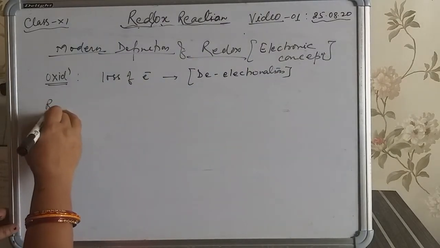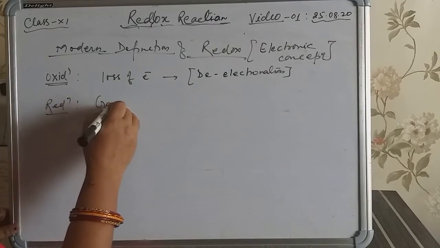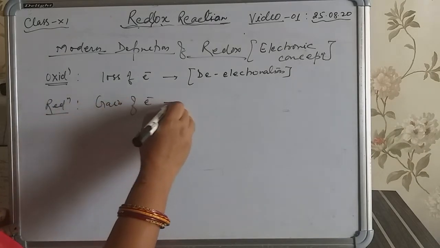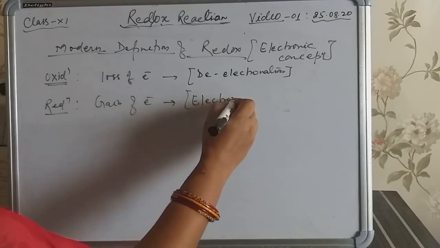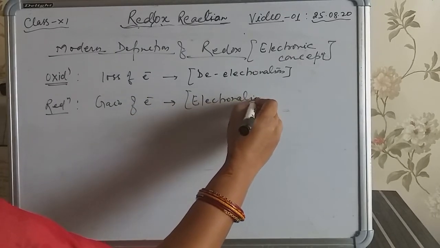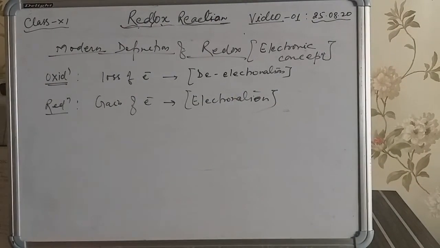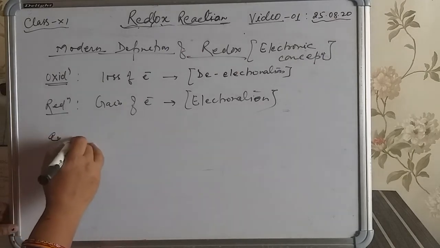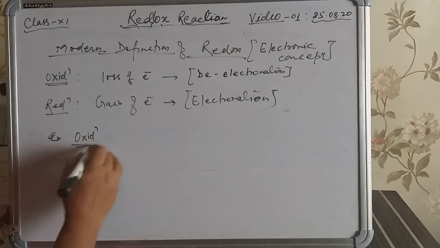And the modern definition of reduction is gain of electron, meaning electronation. De-electronation and electronation. For example, in case of oxidation, at first we talk about oxidation.